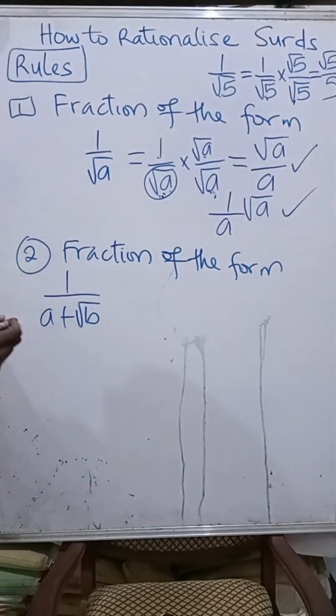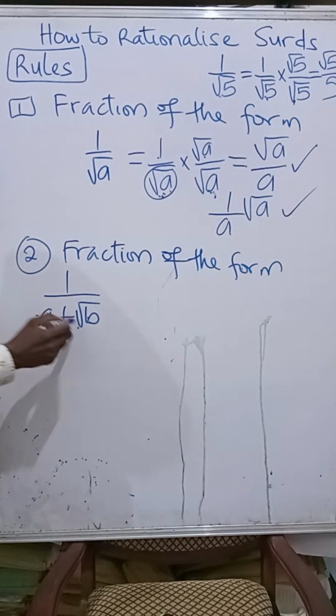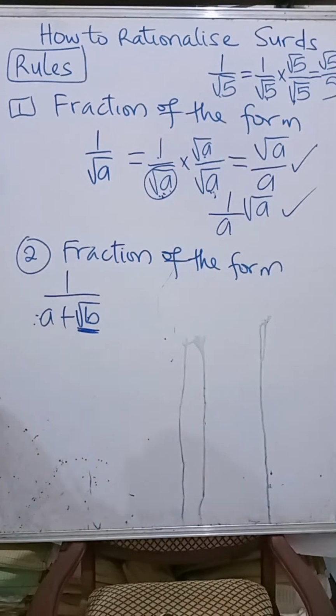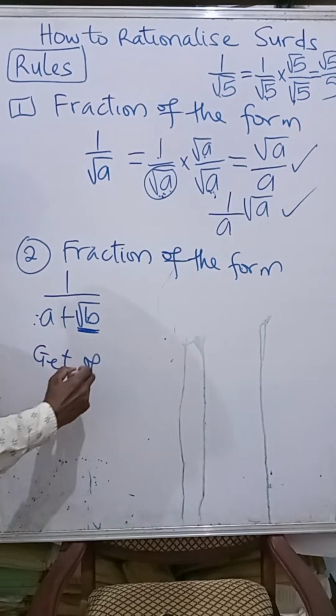What of when you have two parts at the denominator? You have a plus root b. Okay, what do we do in such a case? This is irrational. What we're going to do is to get the conjugate of that denominator.